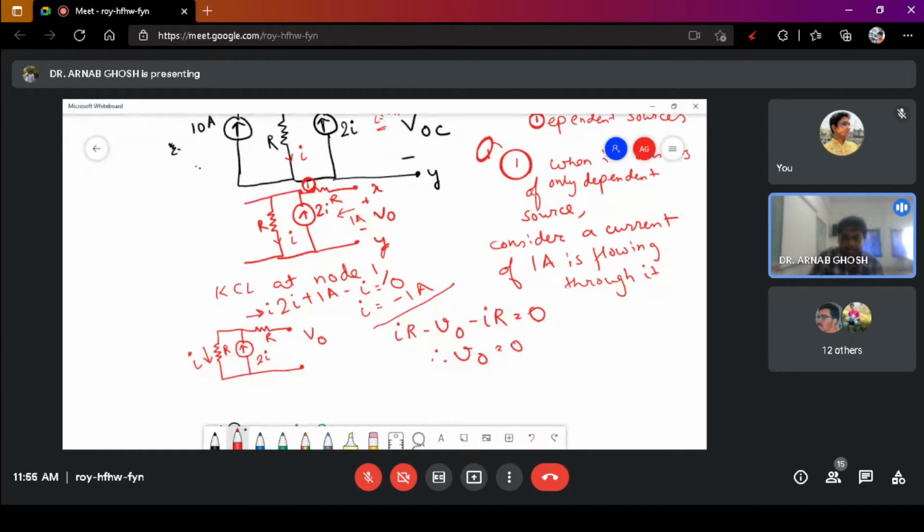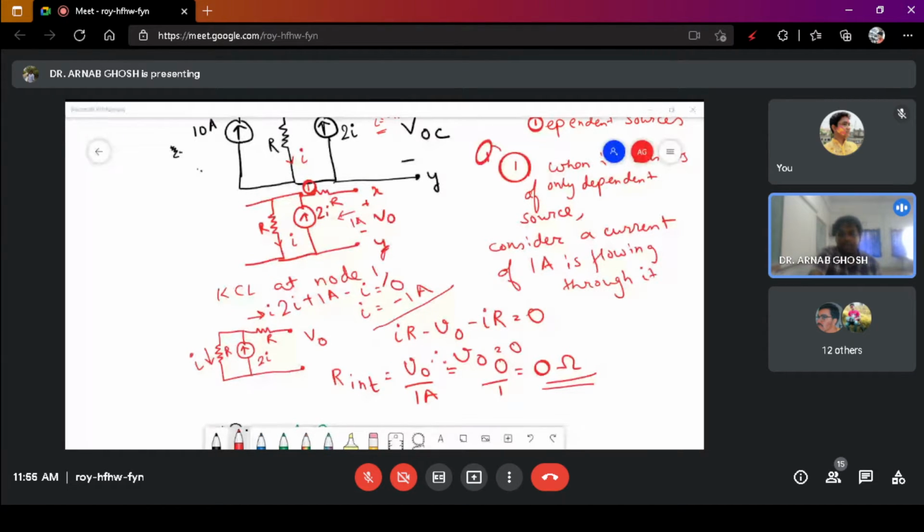How did you calculate? R internal was equal to V0 by 1 ampere, because we have taken here a 1 ampere source. So this is 0 by 1, that is equal to 0 ohm. So the Thevenin's equivalent internal resistance is coming out to be 0.